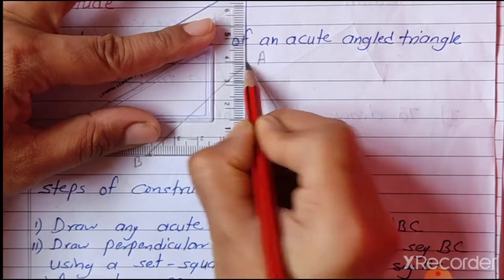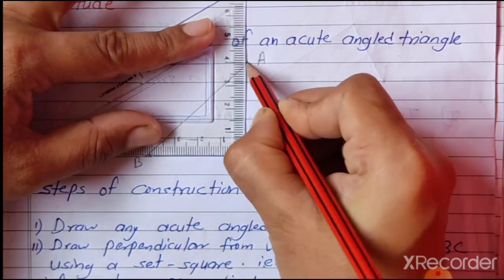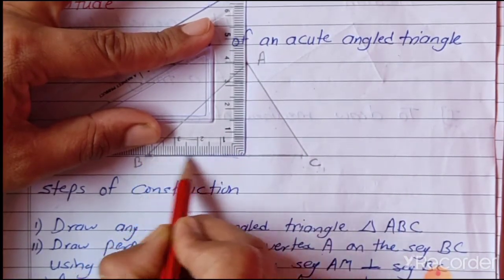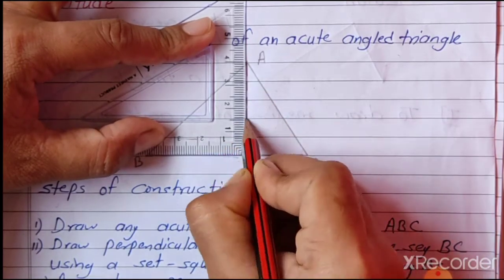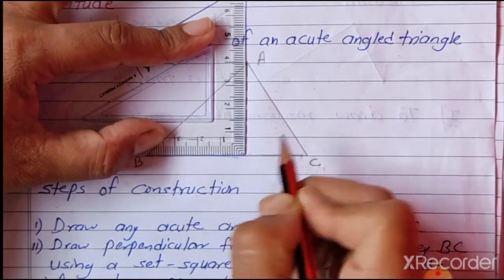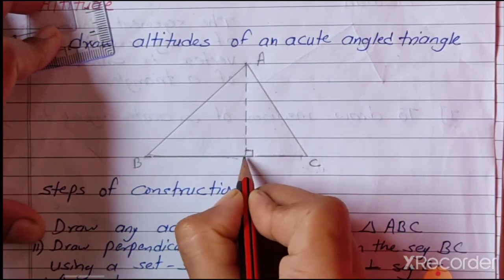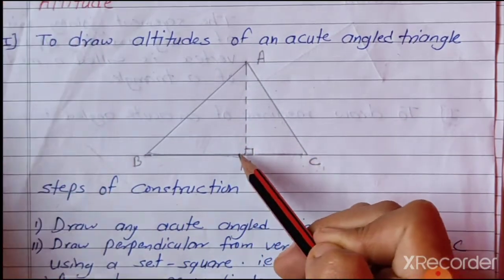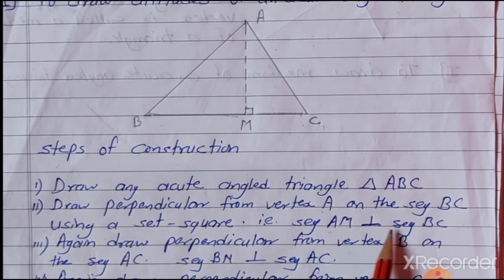Before drawing, put your pencil on this vertex A. This side should be parallel to segment BC, and now sketch this perpendicular, which is the altitude. Name this perpendicular point, suppose point M. So this segment AM is perpendicular to segment BC.